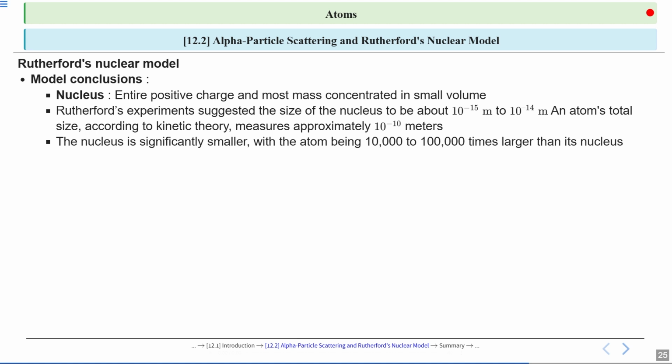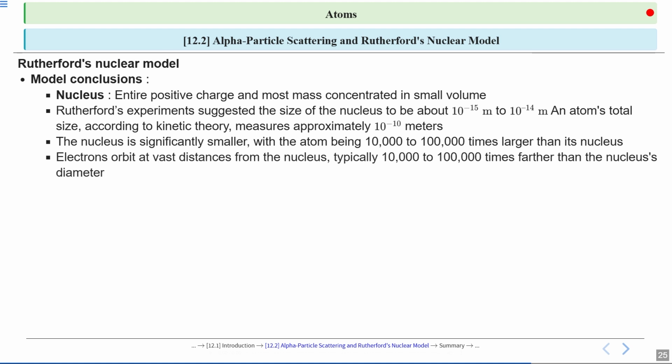So the nucleus is significantly smaller, with the atom being 10,000 to 1 lakh times larger than its nucleus.